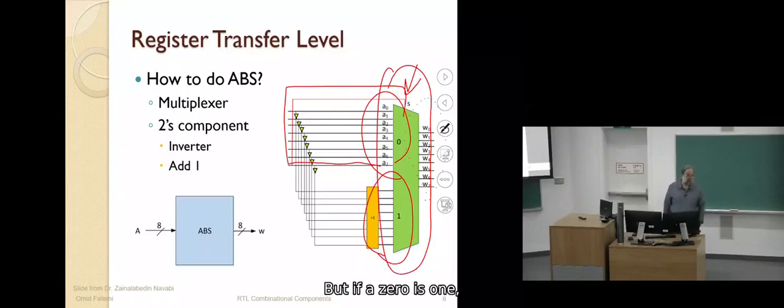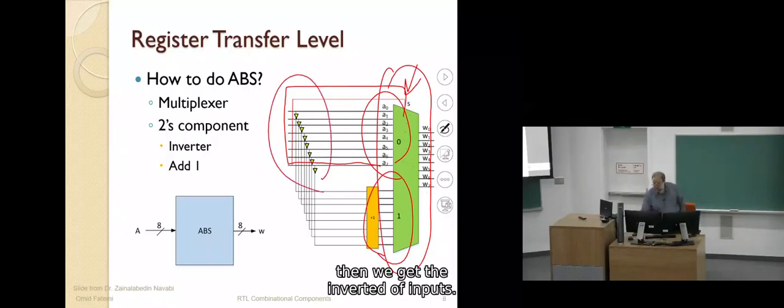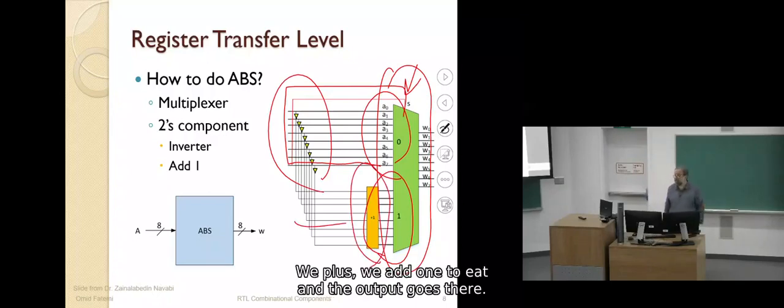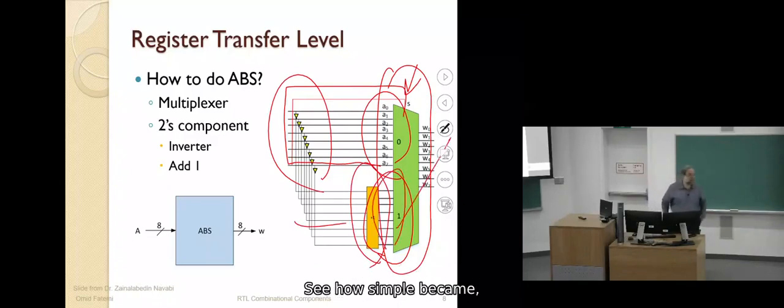The output is the same. But if A7 is 1, then we get the inverted input, and then we have an adder, we add 1 to it, and the output goes there. See how simple it became? Because we used RT level.